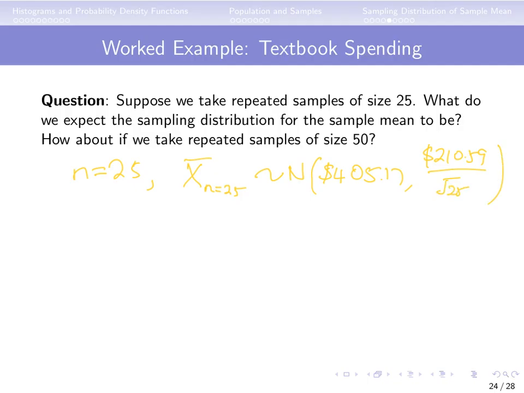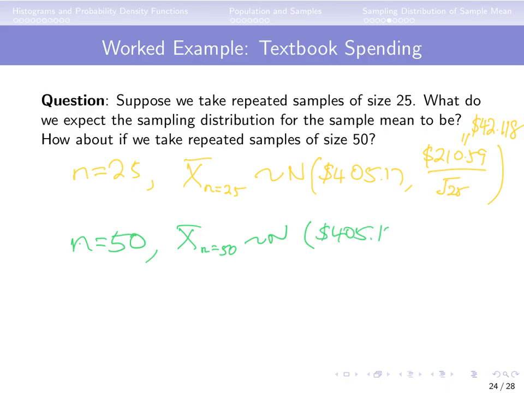If you work out this numerical value, this is going to be 42.118.